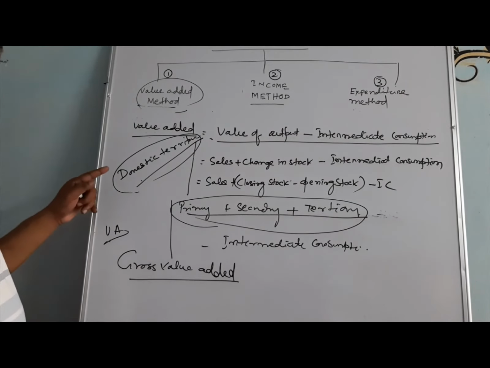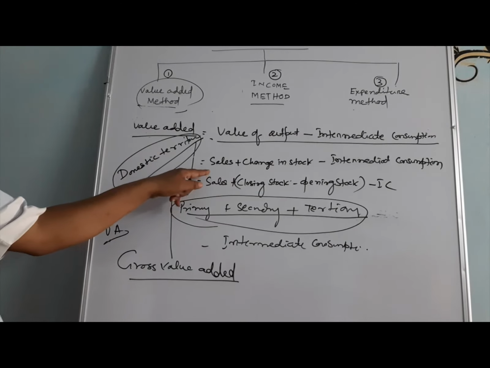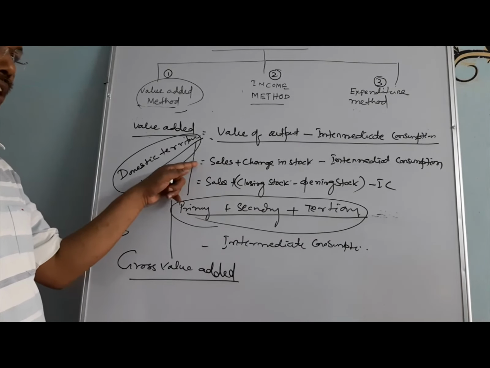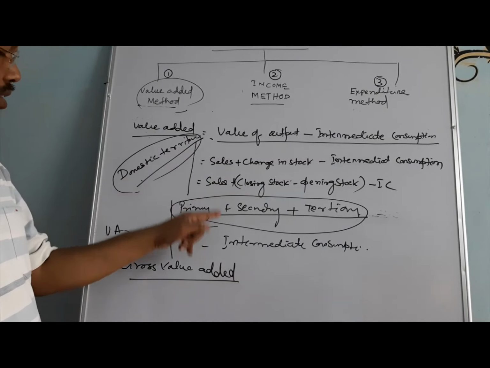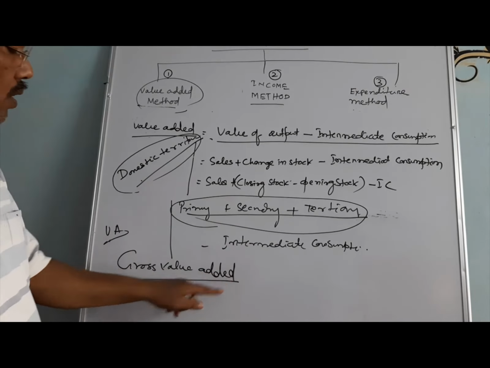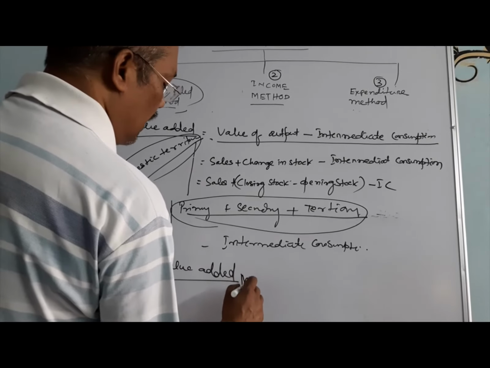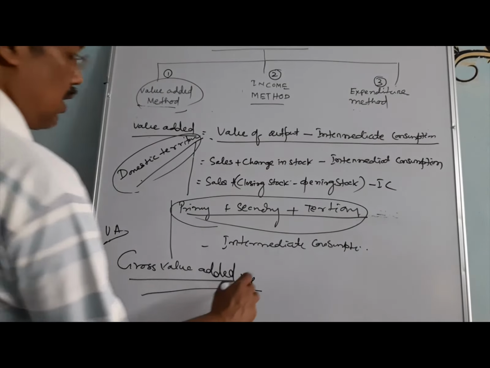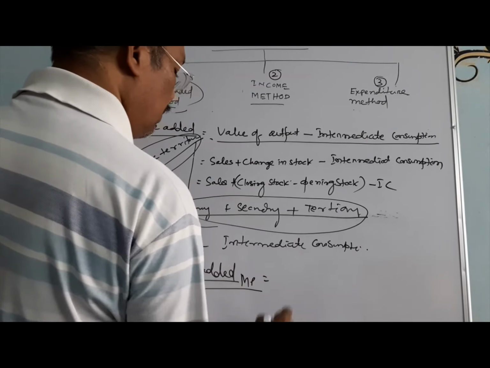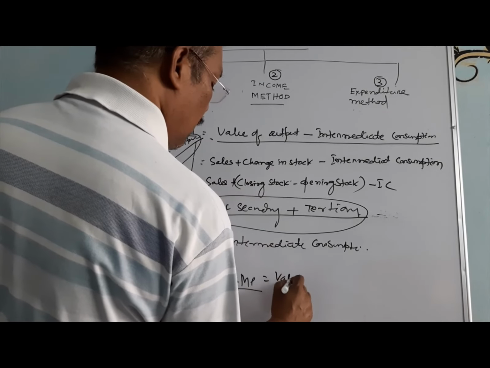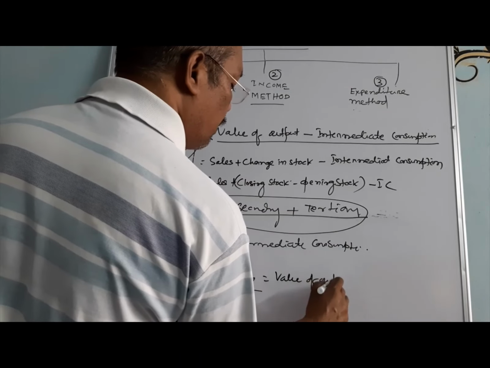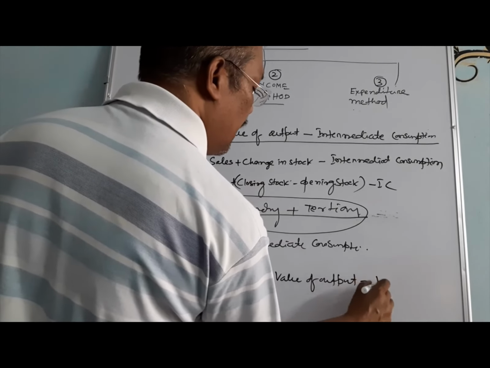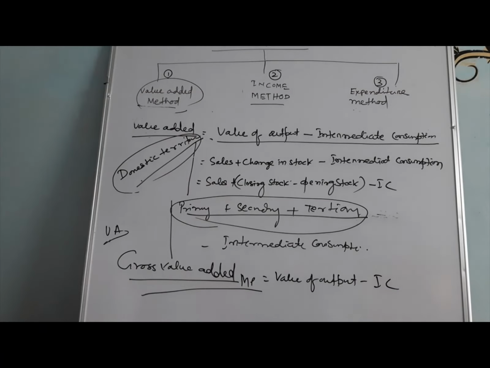Because I have already told that sales are considered at current year prices, so at that time the gross value added is at market price. It is gross value added market price equal to value of output minus intermediate consumption.